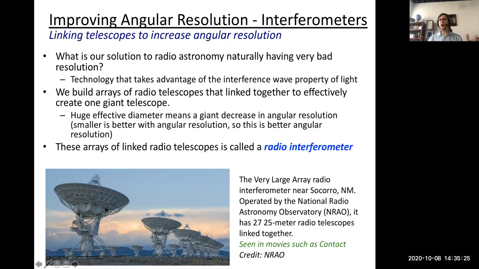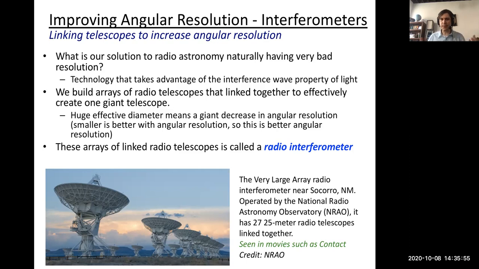So we build a large array of radio telescopes and then link them together with a computer so we can simultaneously see and process what each telescope is observing. By linking them together and taking advantage of this interference wave property of light, we can create one giant super telescope that we call an interferometer.